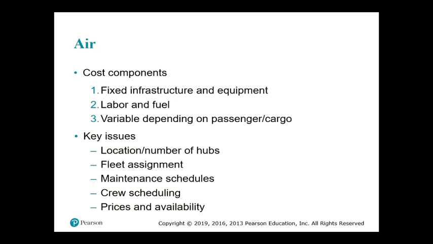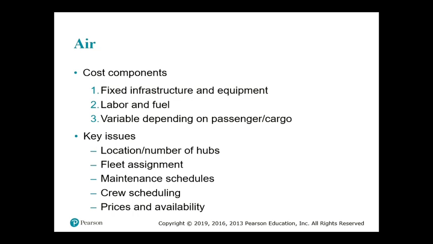When we're planning a transportation network using the air mode, what are some key issues? One is where the airports are, where the airports are that are considered hubs, how many of them, what the density is, and so on. Secondly, fleet assignment.